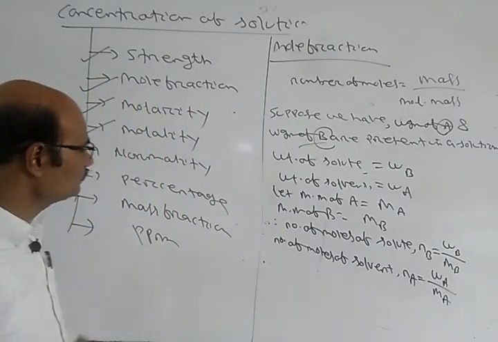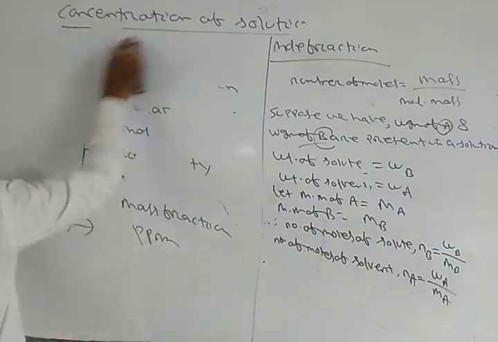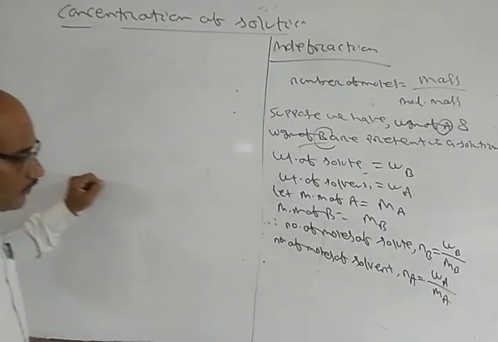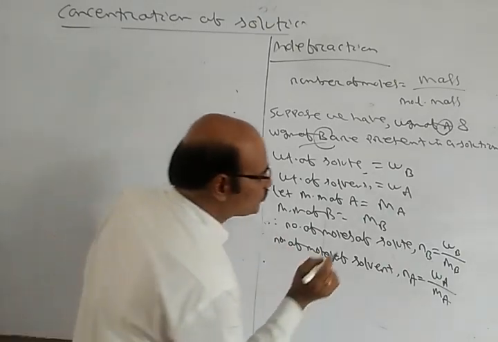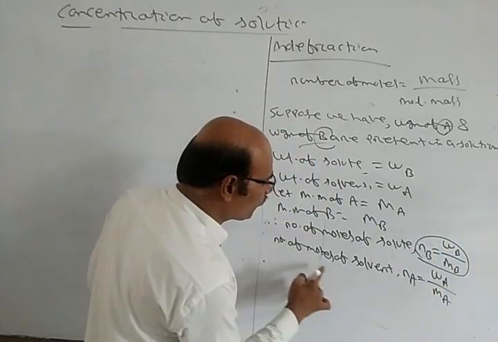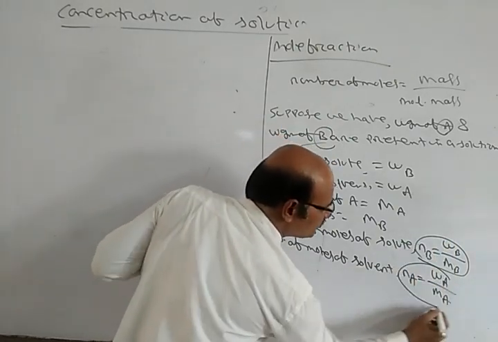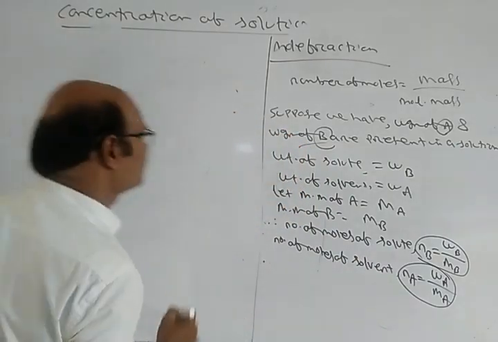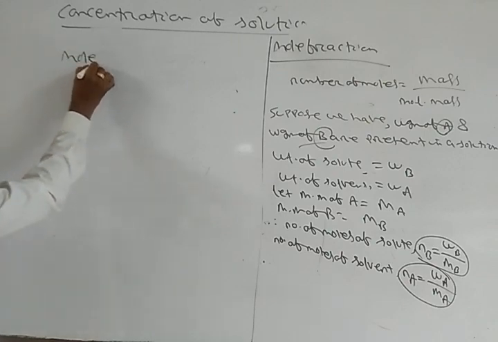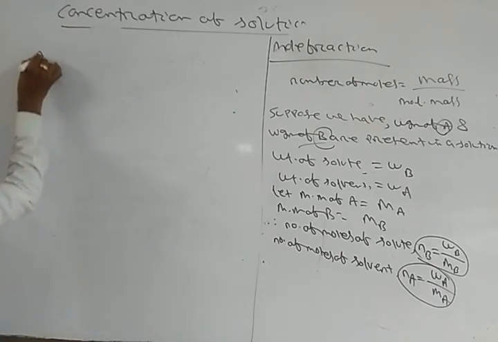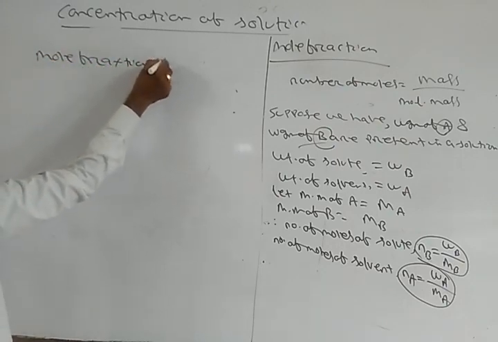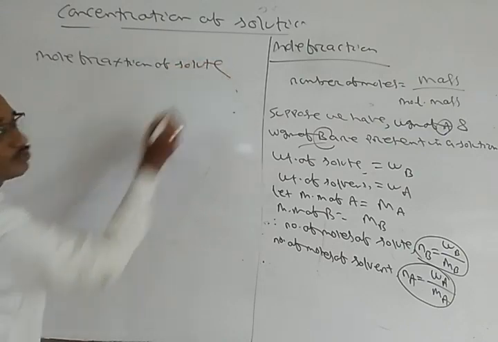Okay, now we have number of moles of solute NB equal to this much, and number of moles of solvent NA this much. Now we can write mole fraction of solute.